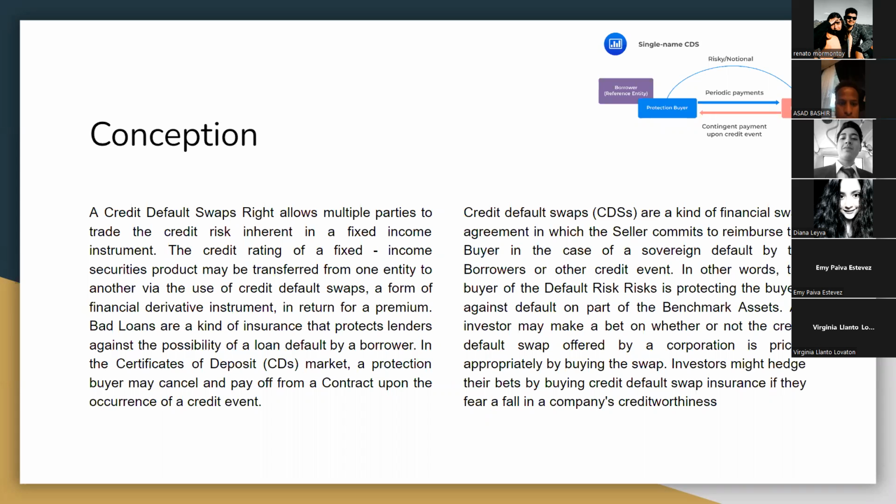In the CDS market, a protection buyer may cancel and pay off a contract upon the occurrence of a credit event. Credit default swaps are a kind of financial swap agreement in which the seller commits to reimburse the buyer in the case of a sovereign default by the borrower, or other credit events.